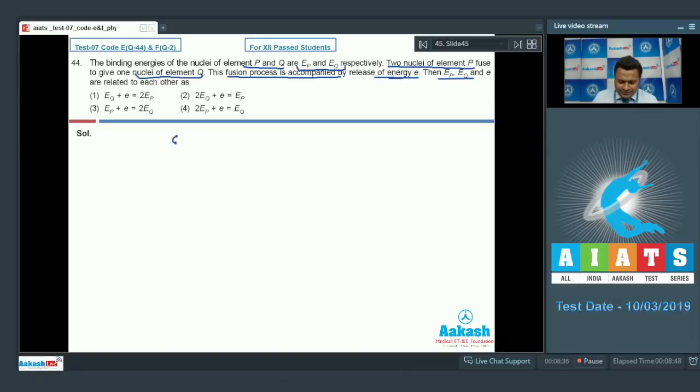We know very well energy released is given by the binding energy of product minus binding energy of reactant.